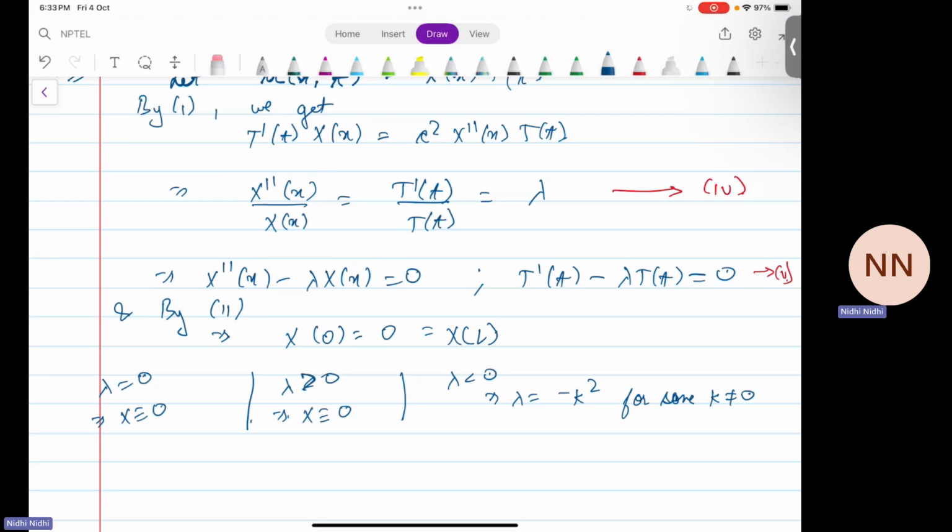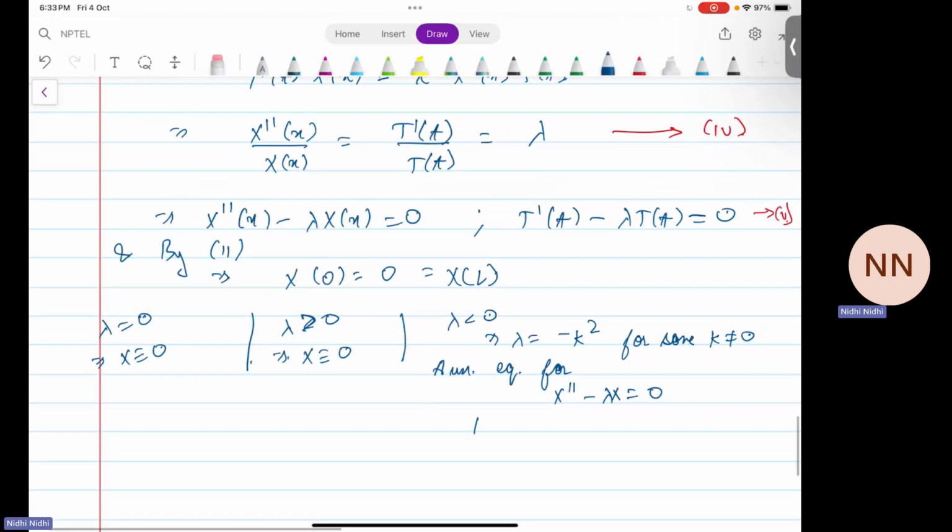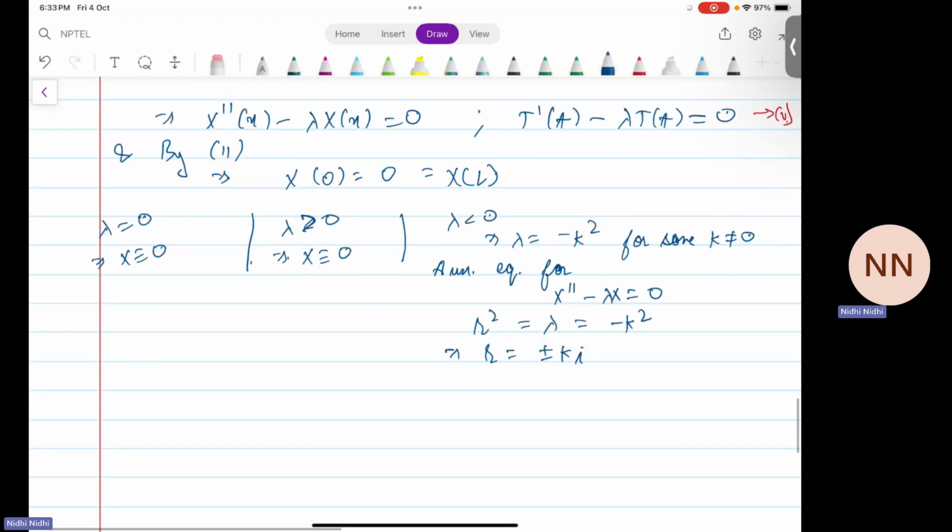By 5th, the auxiliary equation for X'' minus lambda X is equal to 0 is r square equals to lambda, which is equal to minus k square. So this gives us r is equal to plus minus k iota, and as done earlier, we have X(x) is equal to c1 cos kx plus c2 sin kx. Now we have the boundary condition 0 equals to X(0), which is equal to c1.